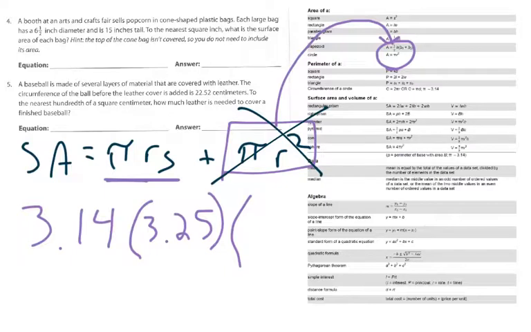And it says that it is 15 inches tall, so we're going to put that in for the s. And when we do that, we get 153. It says to the nearest square inch, so just 153.